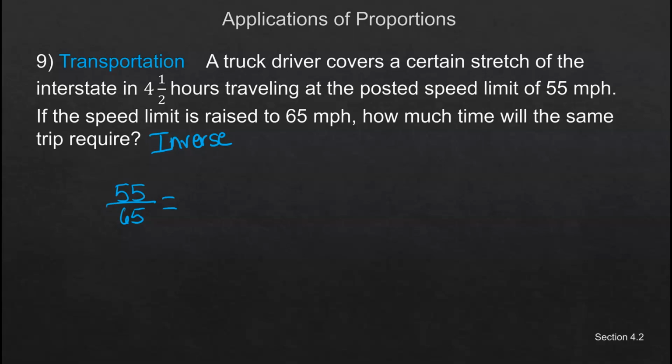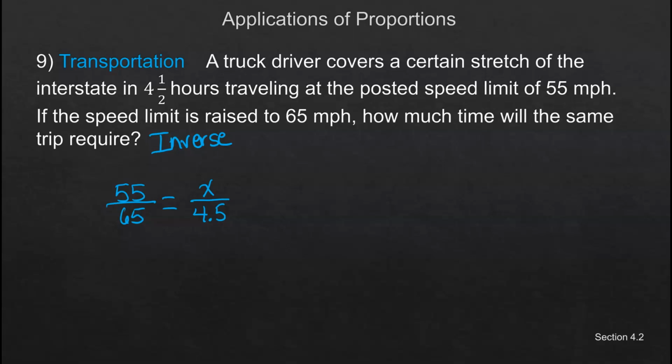Lots of ways work for direct, not so much for inverse. And then it takes us 4.5 hours going 55 miles per hour. So we're going to put that diagonal, and I'm going to go ahead and just change that to 4.5. And then we can cross multiply to solve.